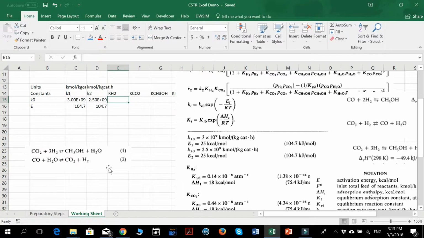Next one, 0.14, 10 to the minus 8, 75.4, 0.44 E minus 8, again 75.4, 5.4.